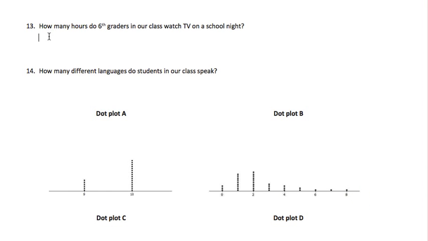So, question 13, how many hours do 6th graders in our class watch TV, seems more reasonable for dot plot B. Students could be going home and watching TV all night.